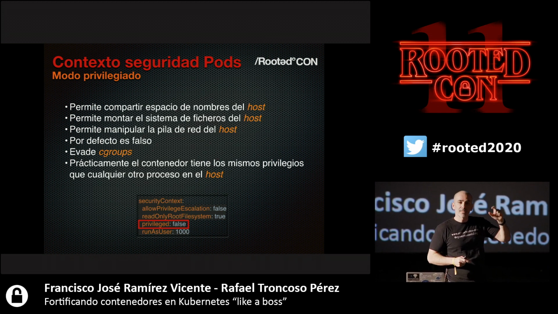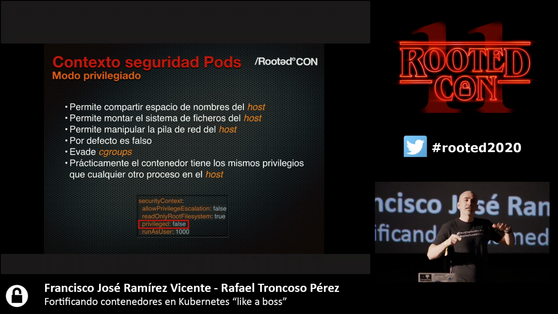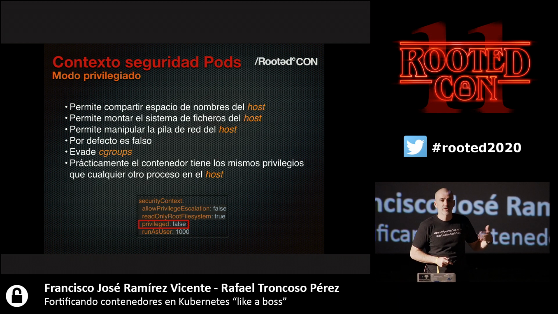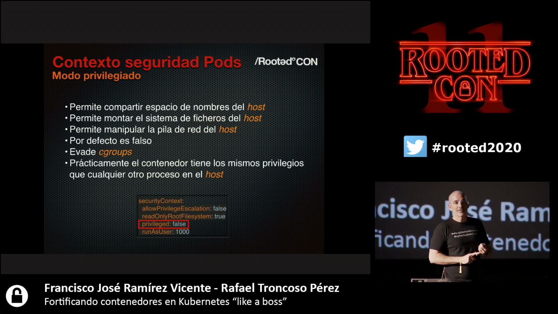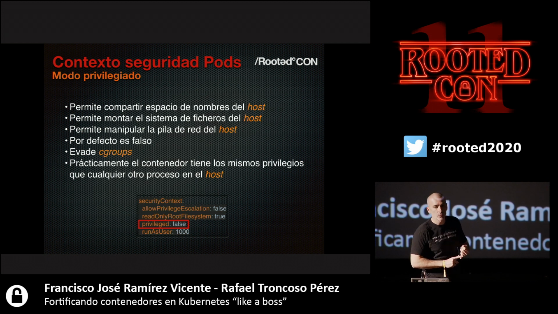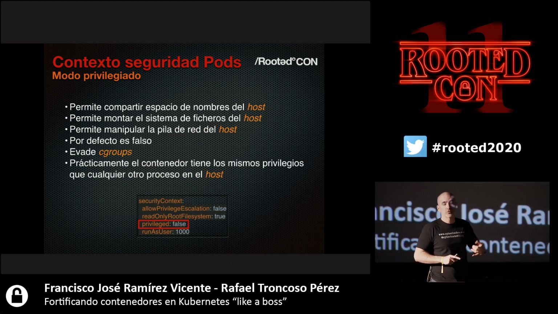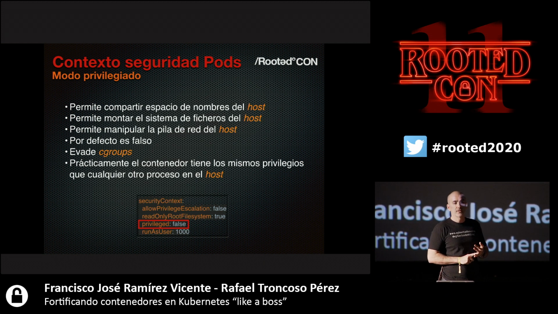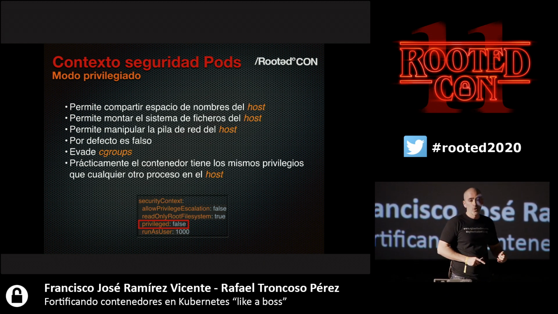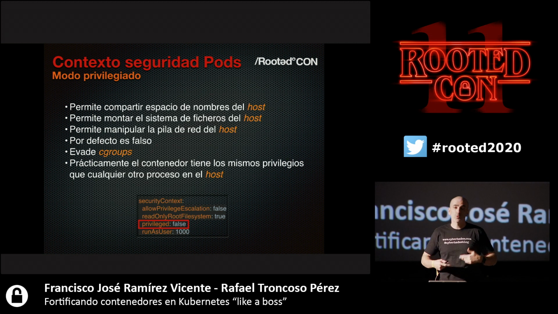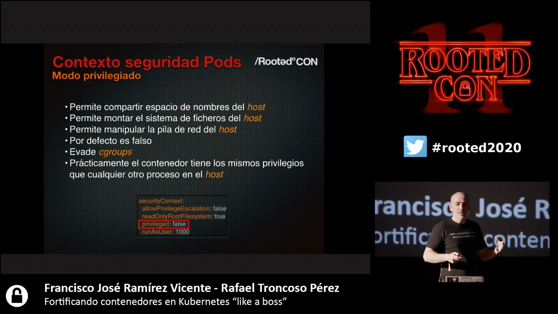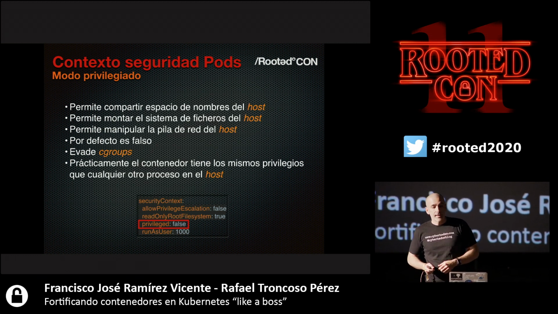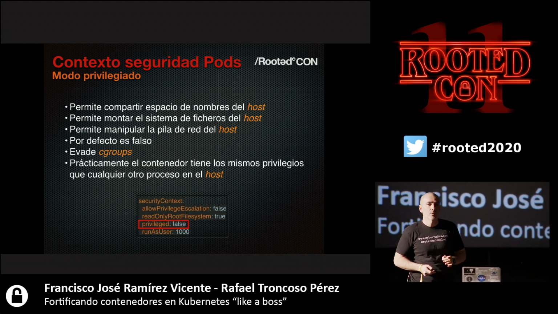So in privilege mode, that container, that process, has the same permissions as any other process running in the host, and that allows you to access the file system of the host. And that's very dangerous, because you could even change files of the file system or interact with certain elements. So running in this privilege mode would allow you to do that.